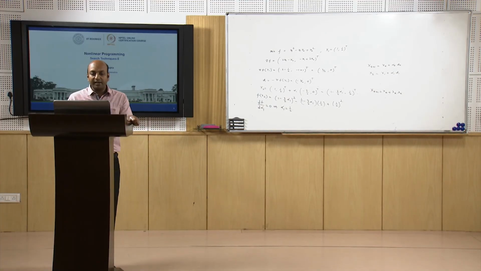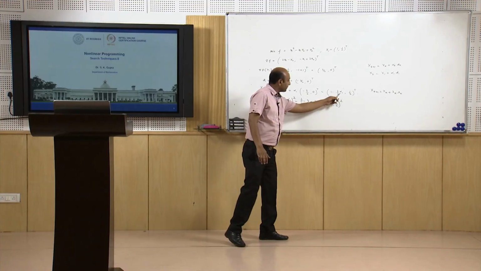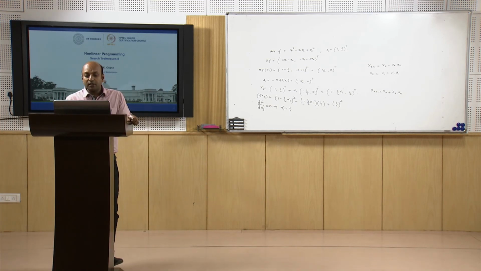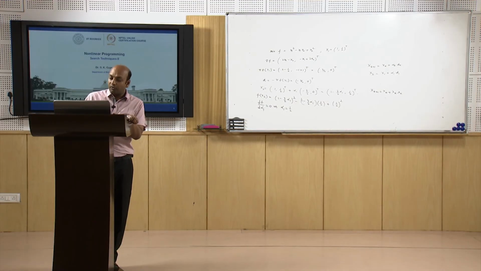So this is how we can find lambda 1 or alpha 1, which is half, and the next point is 1 by 4 comma 1 by 2, when you substitute lambda 1 in alpha 1 over here, okay. So here we have observed that the difference of the two functional values is not less than 0.05. So we will not stop here, we will perform the next iteration.